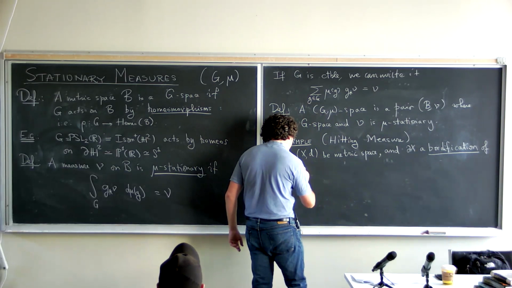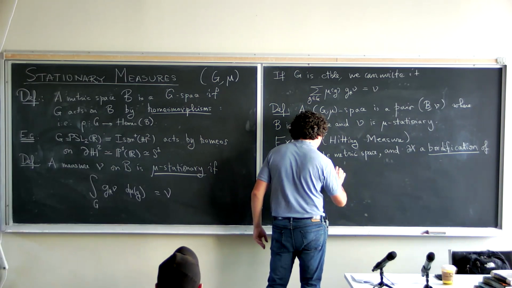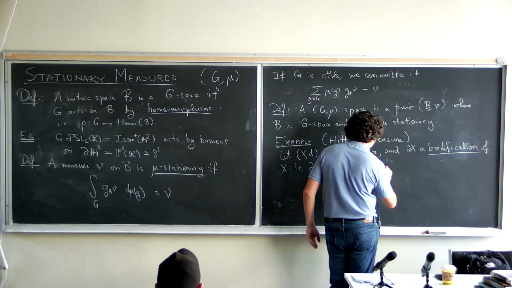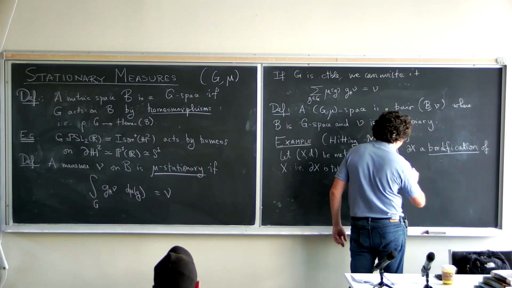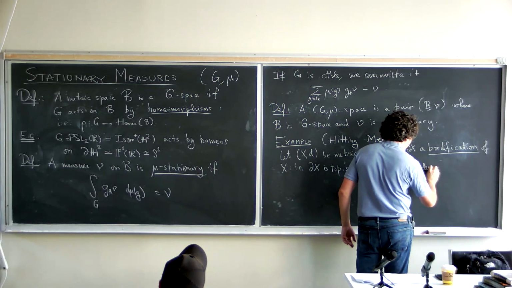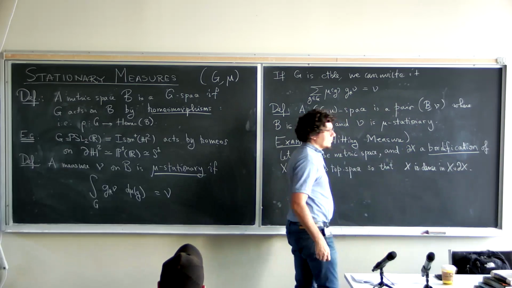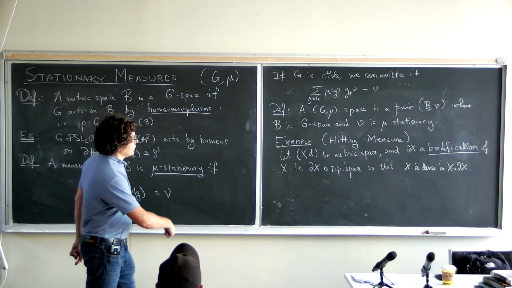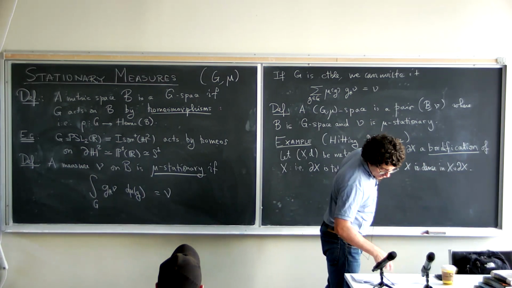That is, the boundary of X is a topological space so that X is dense in X union boundary of X. So you have some way to put some boundary here. So far, you don't need any more.